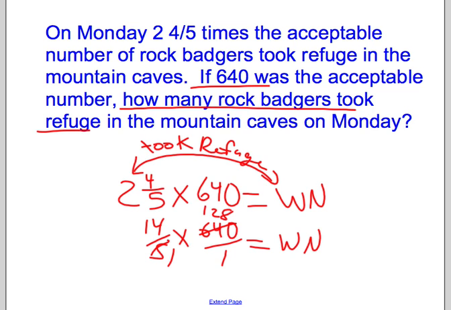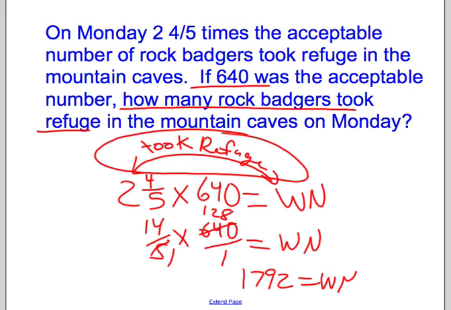Again, let me get my calculator going. 14 times 128 is 1792. Okay. So notice this part. If you can get that idea, you know that the same item has to be on opposite parts there to get it set up, then it makes it much easier.